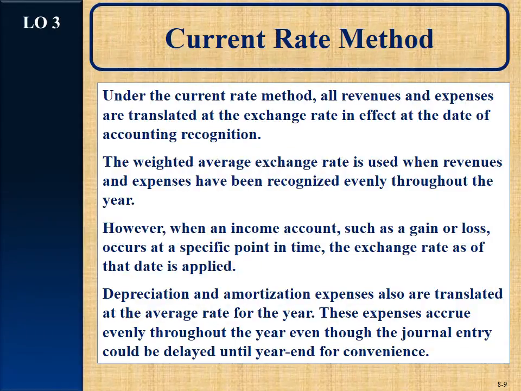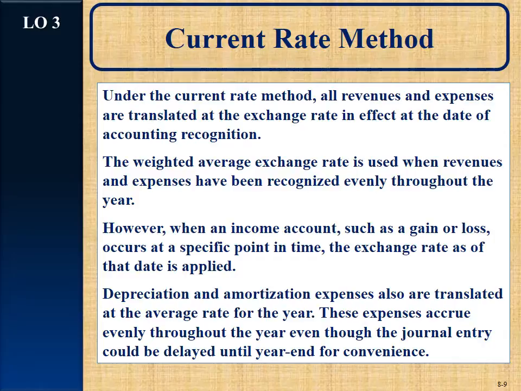Now, how do we approach this? We're going to take a look at the current rate method first. So under the current rate method, all revenues and expenses once again are translated at the exchange rate in effect at the date of the accounting recognition. The weighted average exchange rate is used when revenues and expenses have been recognized evenly throughout the year.